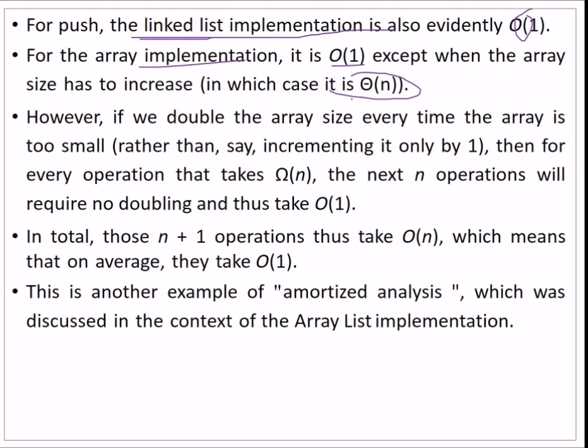And if you double the array size every time the array is too small, which we learned, instead of incrementing it by 1 or some 10%, then for every operation that takes omega n, the next n operations will require no doubling and thus take just order of 1. So those n plus 1 operations which we discussed earlier, this one operation does take order of n, which means that on average they take order of 1. And this was actually an example of amortized analysis which was discussed earlier.